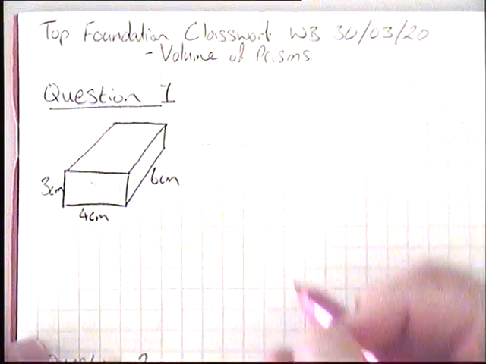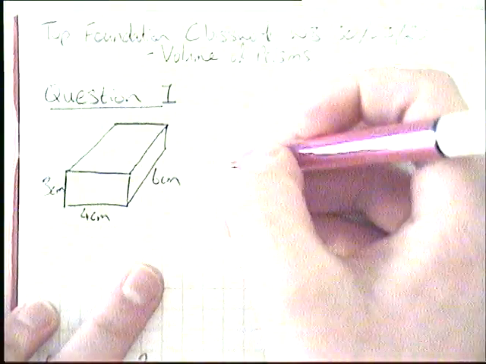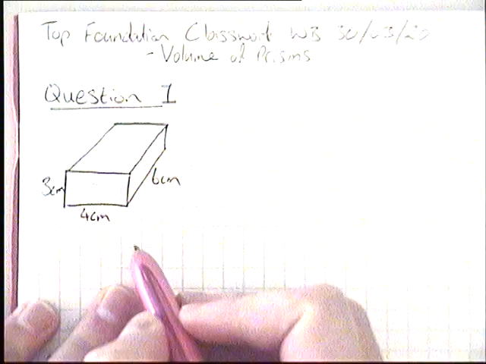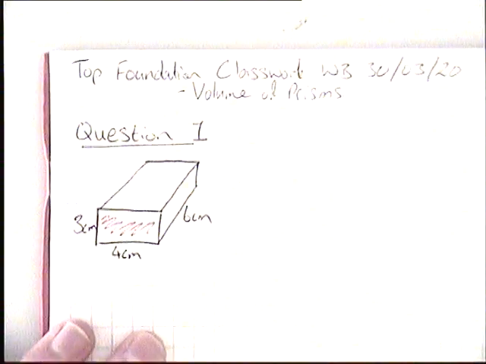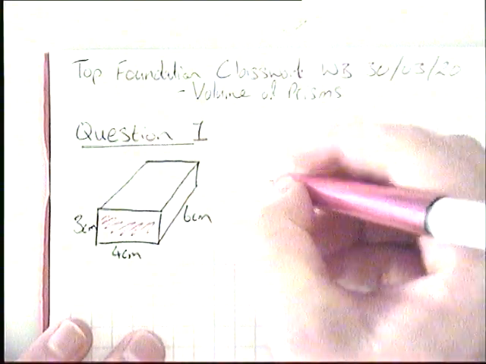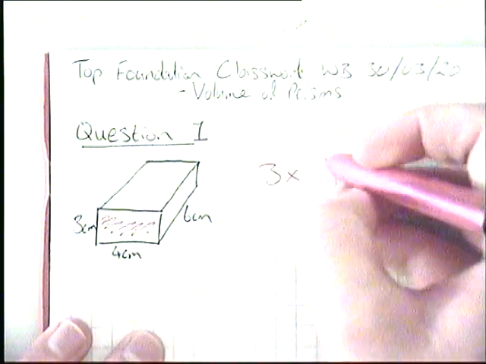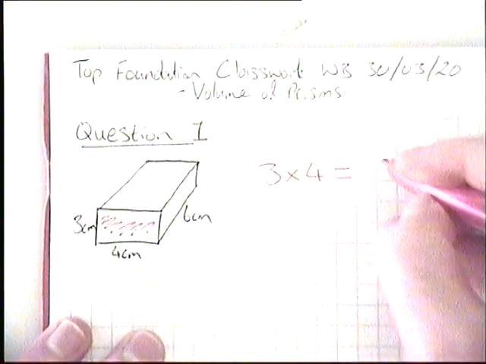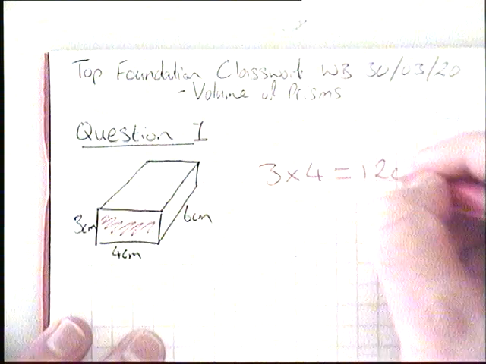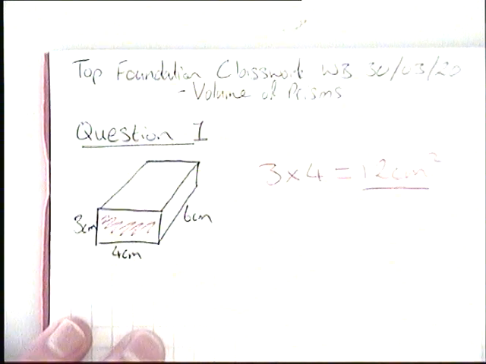So question 1, volume of our cuboid. We're going to start by finding the area of the cross section. So this bit here. So that's going to be 3 times 4, which is 12 centimeters squared.